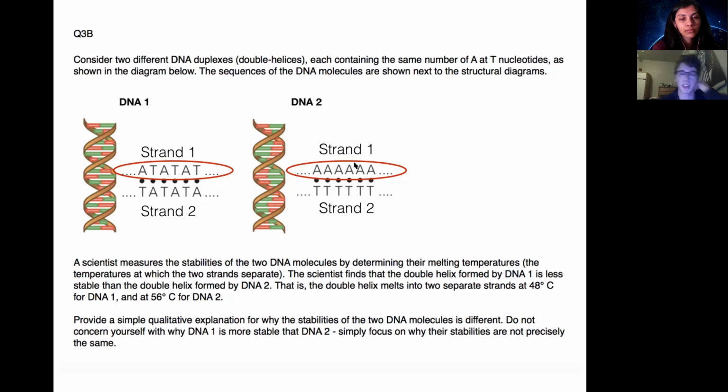And ultimately, if you imagine base stacking as the electrostatic interactions between each base on the same strand, they're going to have different charge distributions, which could lead to different strengths, which ultimately would probably contribute to the melting point's difference. Does that make sense to everyone?